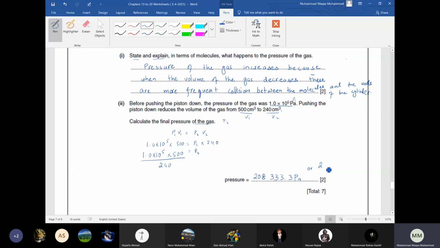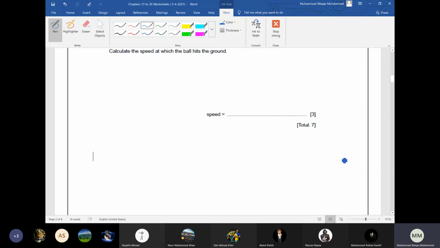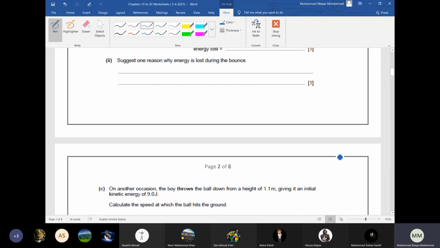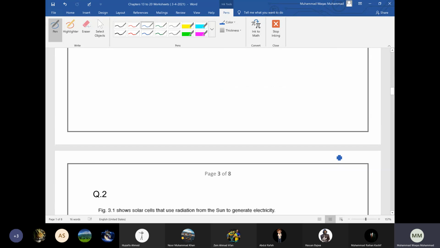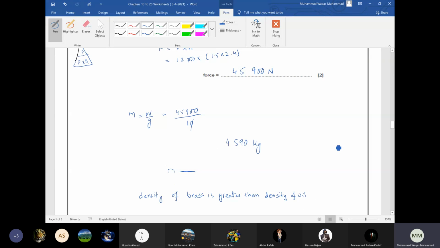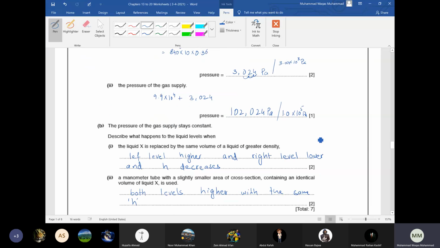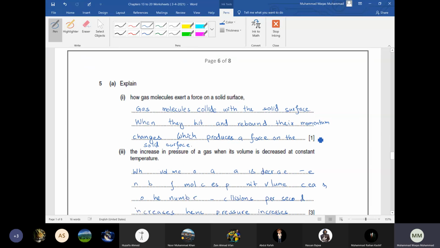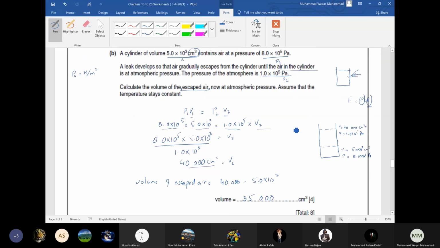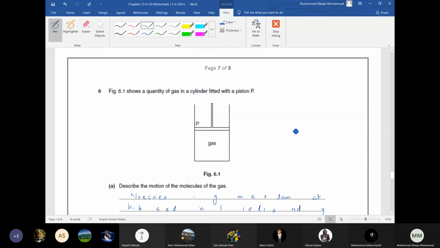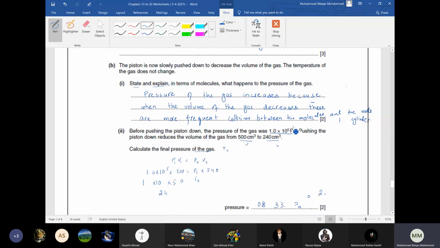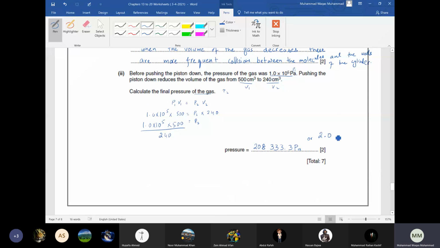You can write it as 2.08 times 10 to the power 5 Pascal. Right beta?